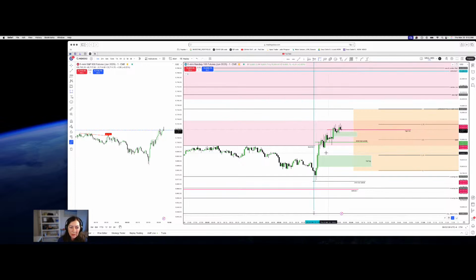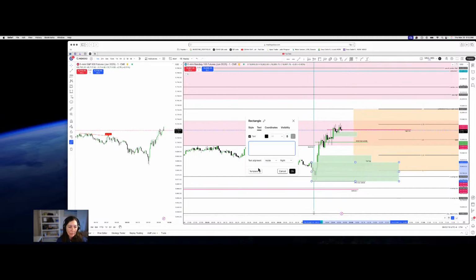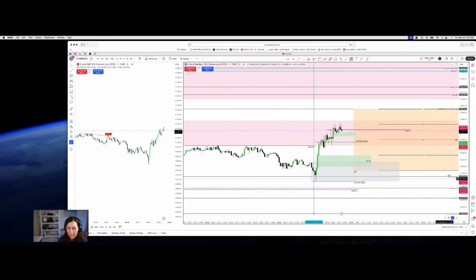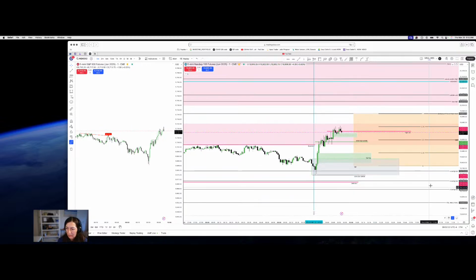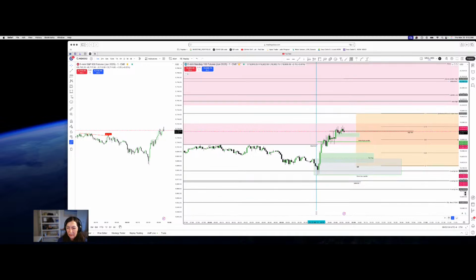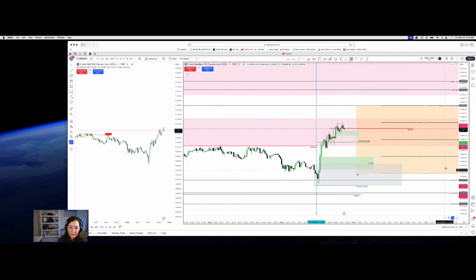Do have an order block here. So we've got these 4 candles here that form an order block.